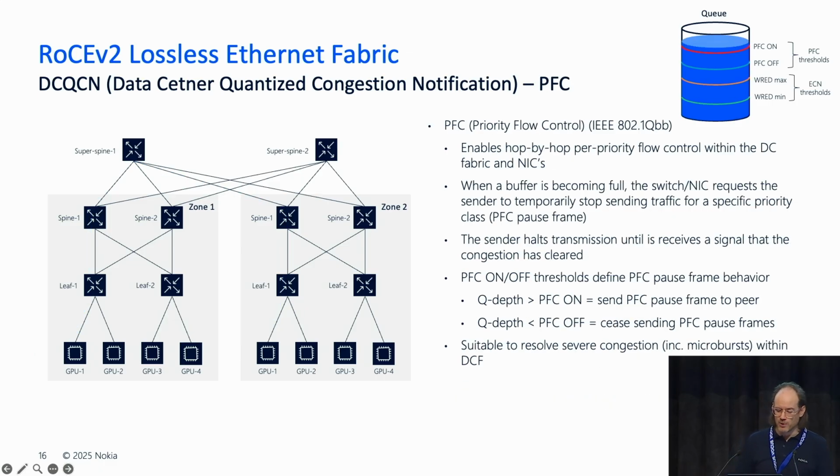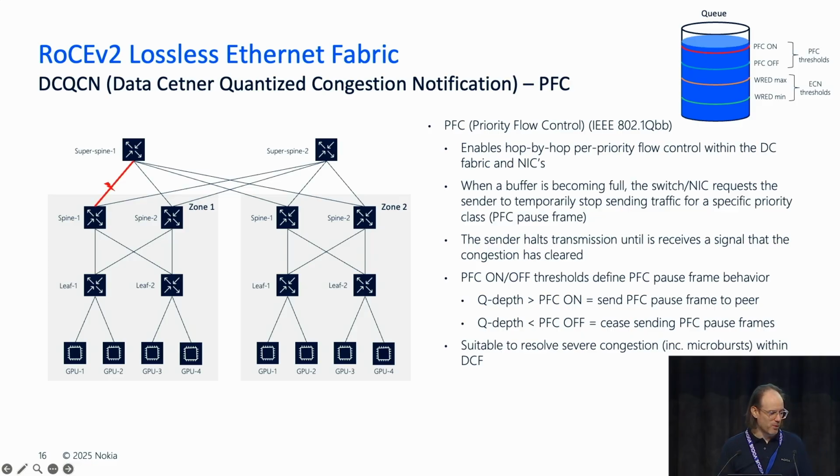The second key attribute is PFC, or priority flow control. PFC is intended to kick in when there is severe congestion somewhere in the network, such as microbursts. It is an explicit signal to adjacent switches or NICs to temporarily stop sending packets for a specific QoS class, so a switch's buffer is not exhausted.